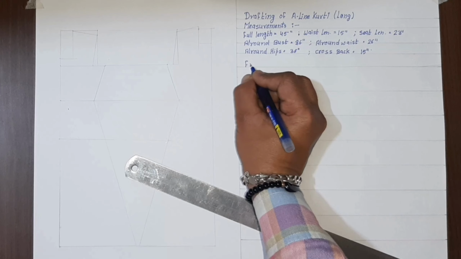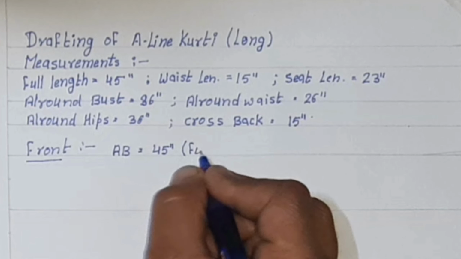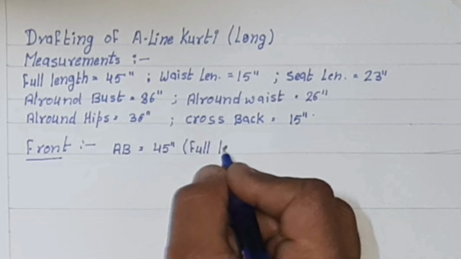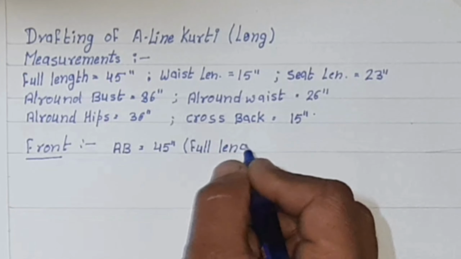So first we'll start with the front. For the front, as usual, we will take a line AB, where AB is equal to 45 inches. Why so? That is the full length of the dress or kurti.